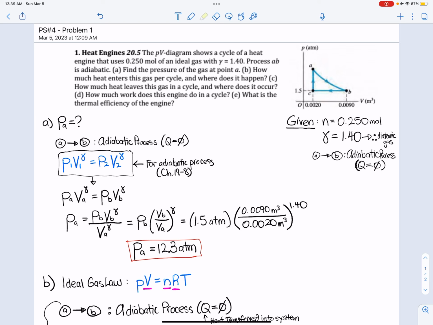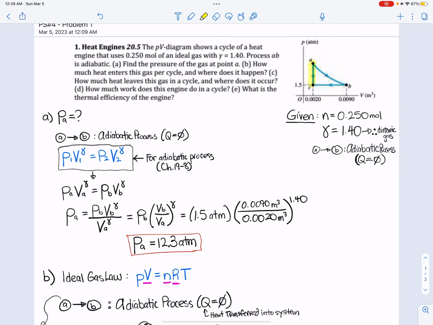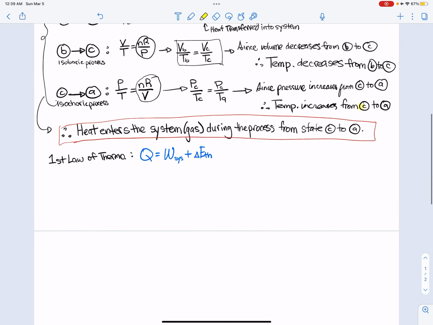So from C to A, right here, how can we calculate work in a PV diagram? It's the area under the curve. And for an isochoric process, like we have here from state C to state A, it's a vertical line, so there's no area underneath that curve. So for all isochoric processes, or constant volume, work is 0.